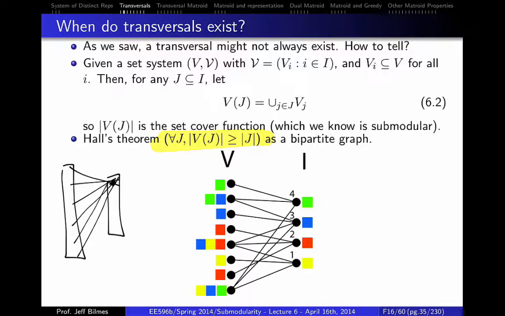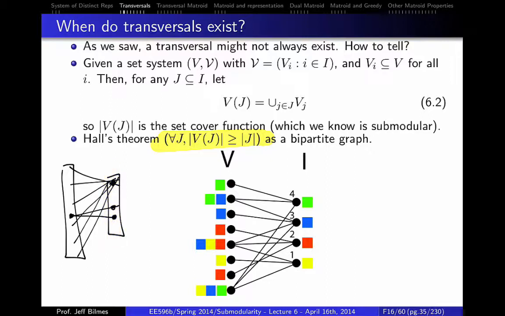But on the other hand, there's one group here which has this kind of connection. There are two groups which have the same one. So if you take the whole set, the condition is going to be true, right? Because the number of nodes on the left is bigger than the number of nodes on the right.